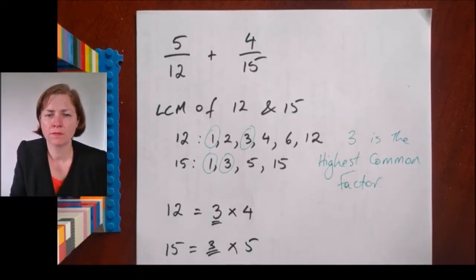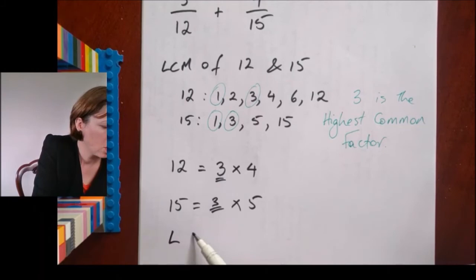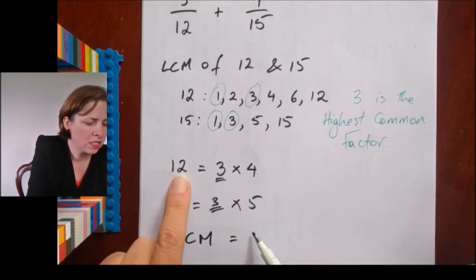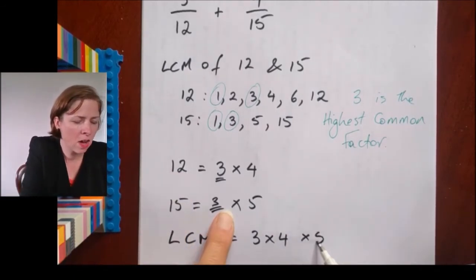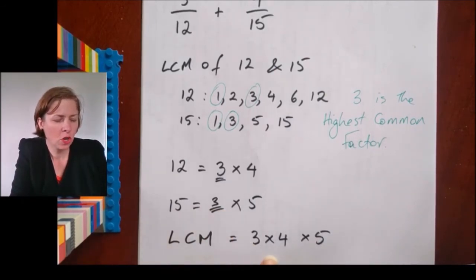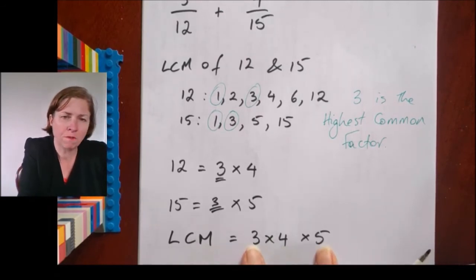Times the 5. So to get my lowest common multiple, I'm going to need the 12, which is the 3 times 4, and then I multiply it by just the 5. Because now I've got a factor of 12 in here, 3 times 4, and I've also got a factor of 15 when I go 3 times 5.